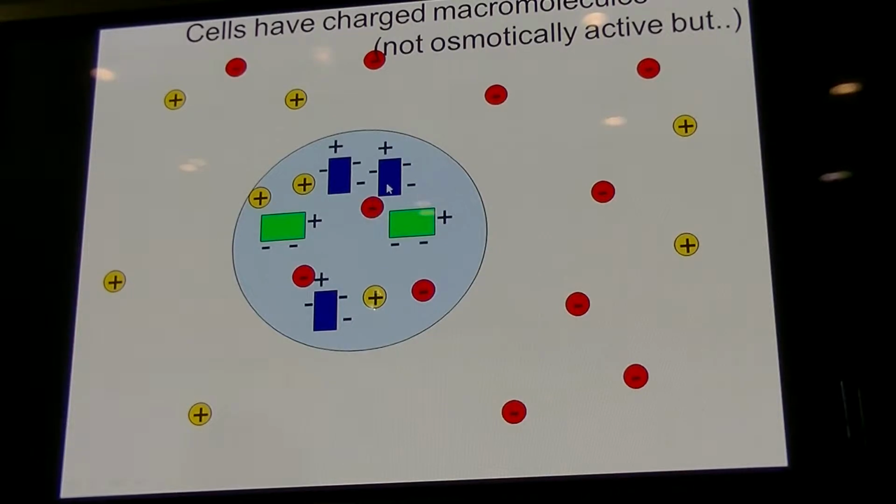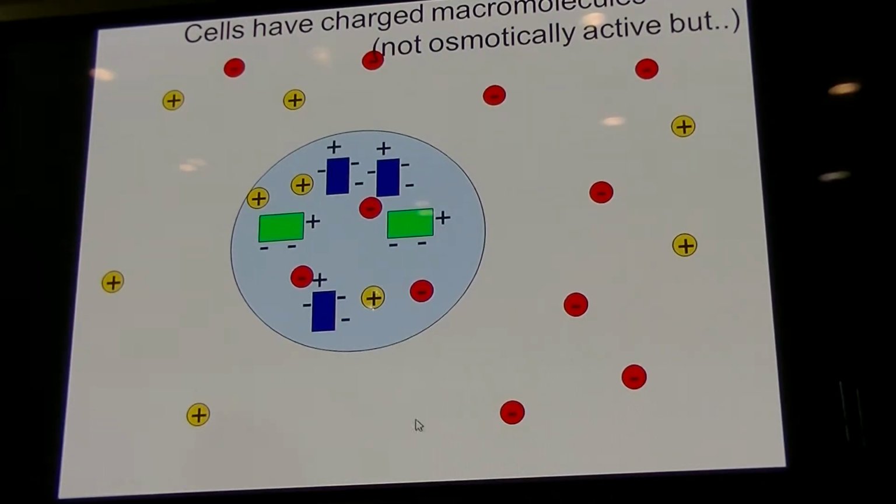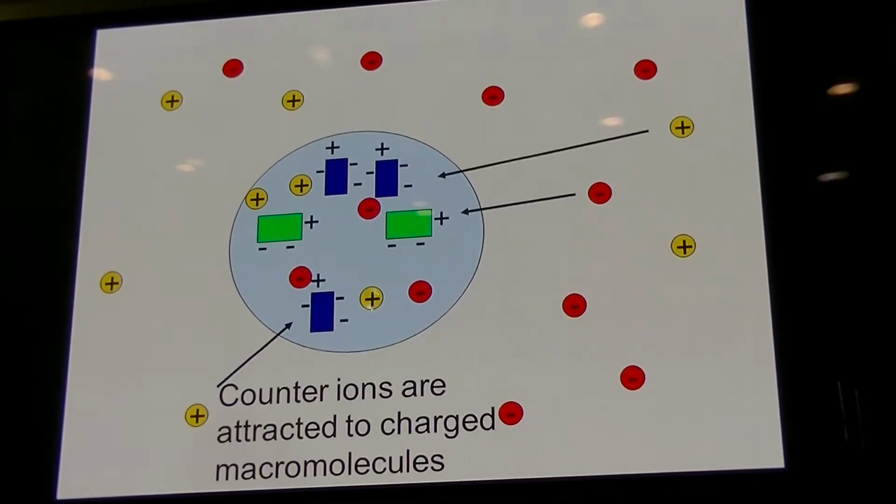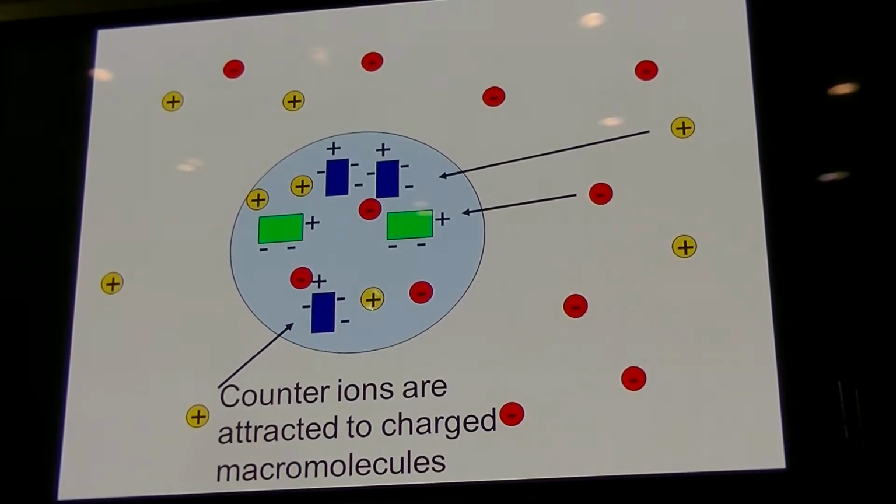So any ion that is bound by proteins here, or by nucleic acids, is going to be replaced by an ion from the environment. So because of the presence of charged macromolecules, cells attract excess ions from the environment. So we know that this happens. Excess ions moving from the environment, attracted by the charged macromolecules that are part of life.